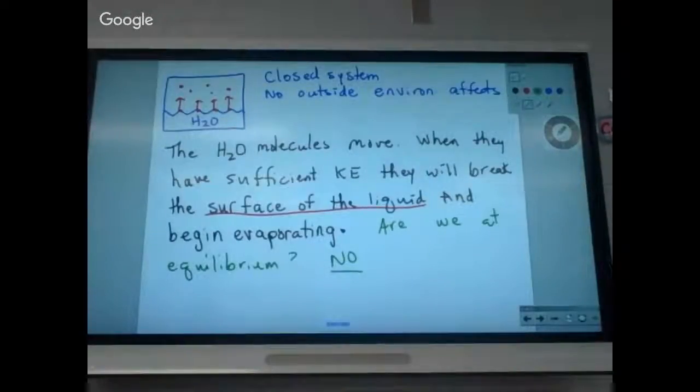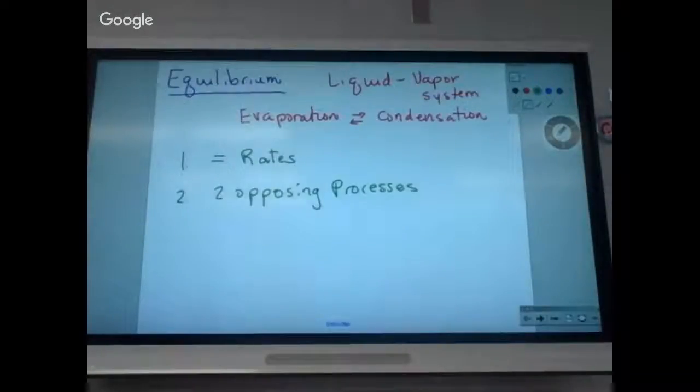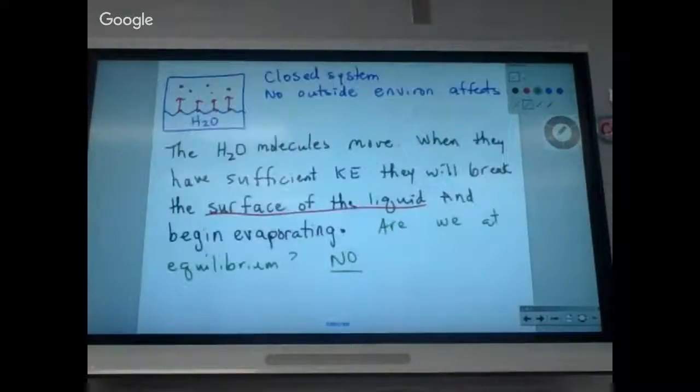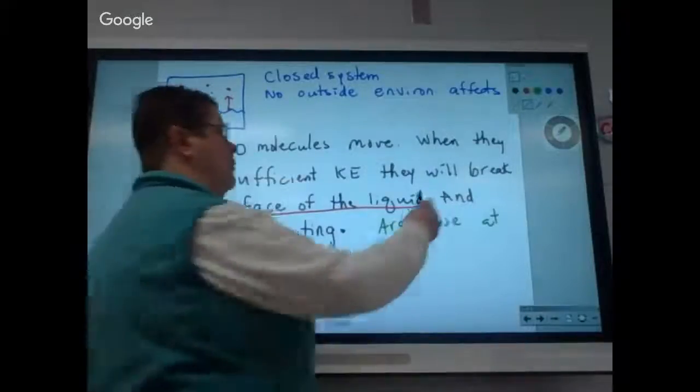All right, so how do we know we're not in equilibrium? Because we're not at equal rates. That's one. But what else? We're not condensing. We said we had to have what? Two opposing processes. How many processes do you have? One. Okay?